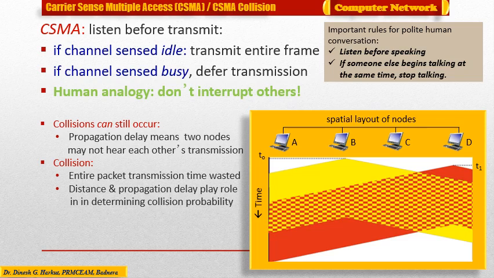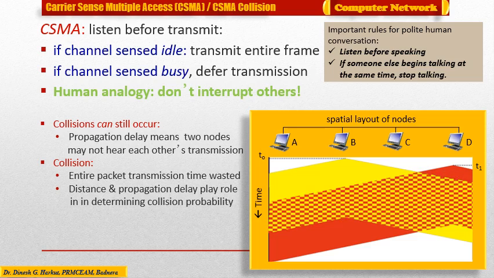Although node B is currently transmitting at time t1, the bits being transmitted by node B have yet to reach D. Here, this particular line indicates that the bits inserted by node B in the channel are propagating, and it takes some time for them to propagate before they may be sensed by node D.